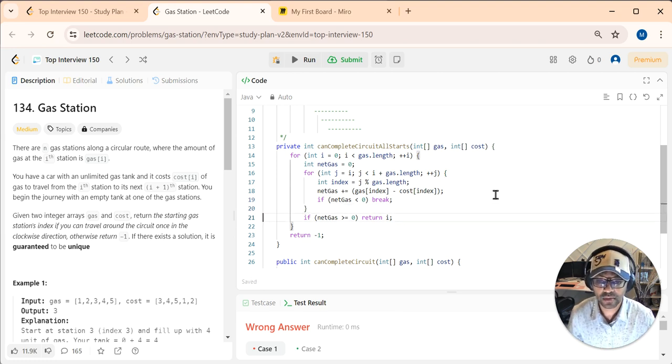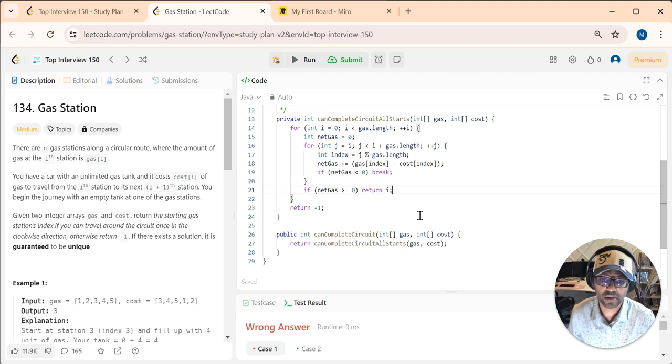And then outside the loop, if the net gas for that one remained positive throughout, how will that be indicated? Let me think about that. So net gas is equal to 0 and it kept on remaining. Yeah, so I think this is still the right thing to do.